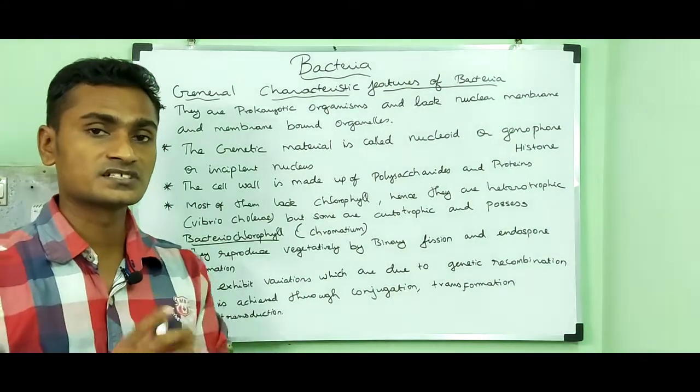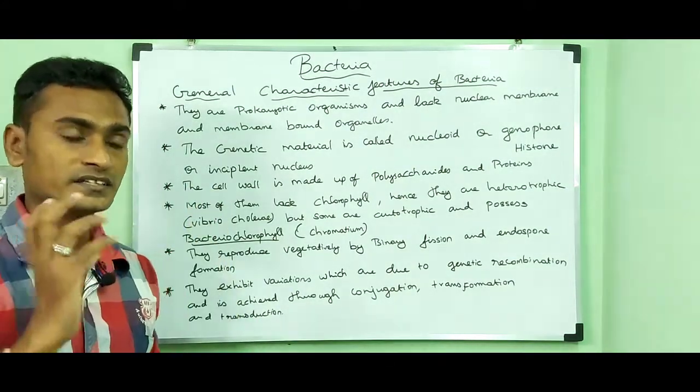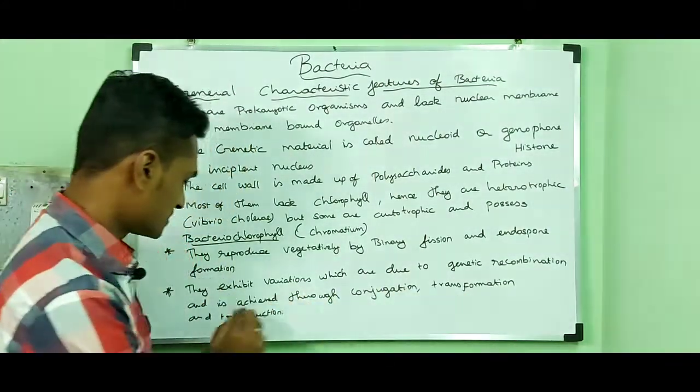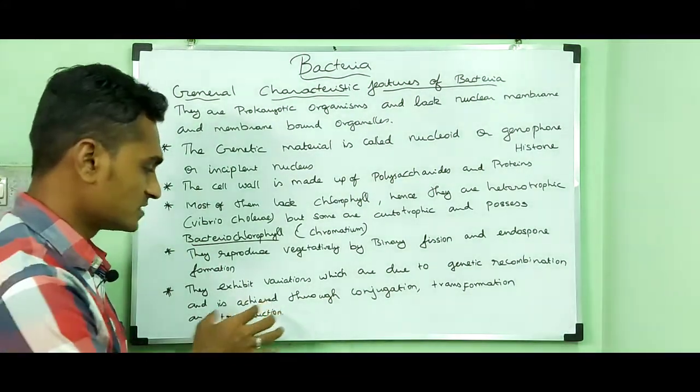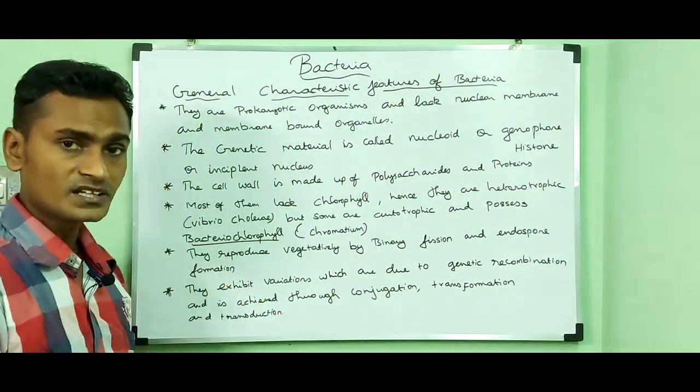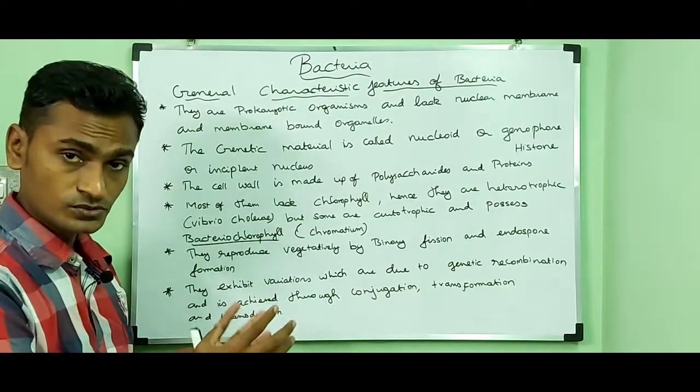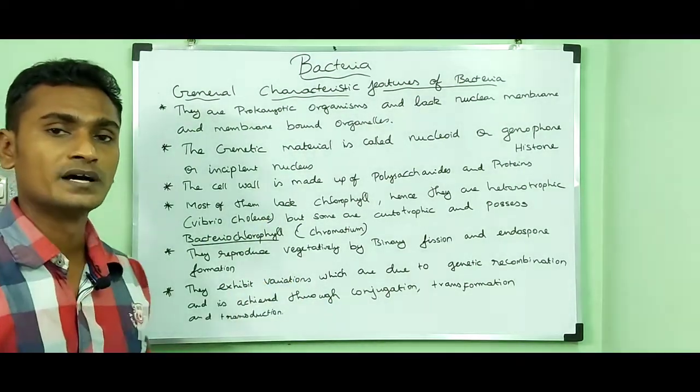These three processes are very important, and these three processes are considered as sexual reproduction. During sexual reproduction only, we can get variation in the organisms. So sexual reproduction takes place in bacteria through conjugation, transformation and transduction. This process leads to variation in the bacteria.